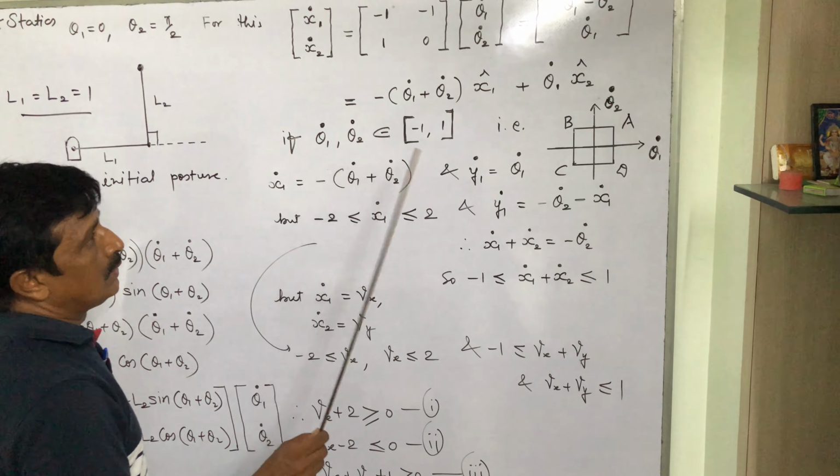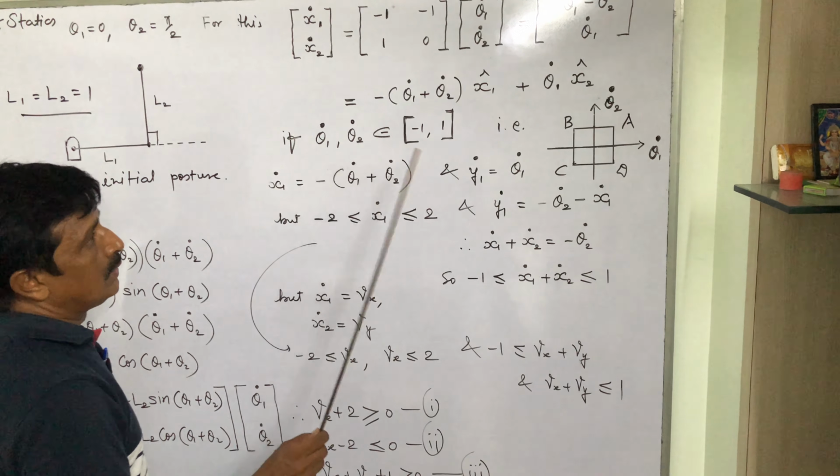And the third line, Vx plus Vy plus 1 equal to 0. To represent a line we require at least 2 points, minimum 2 points. So if we take Vx 0, Vy is minus 1.